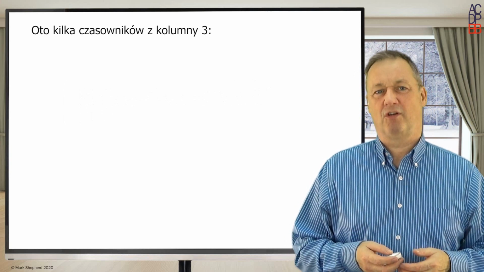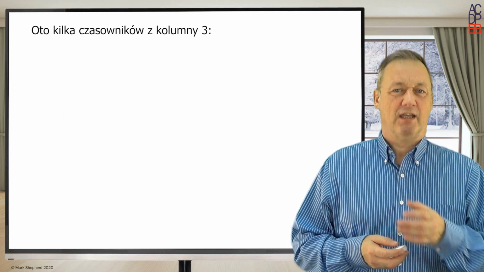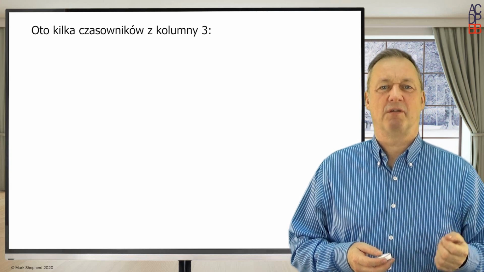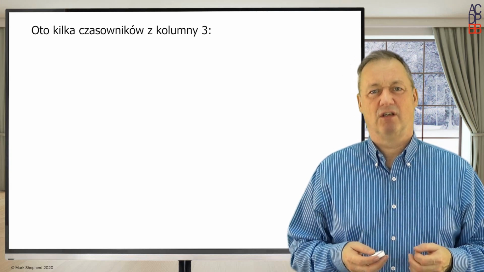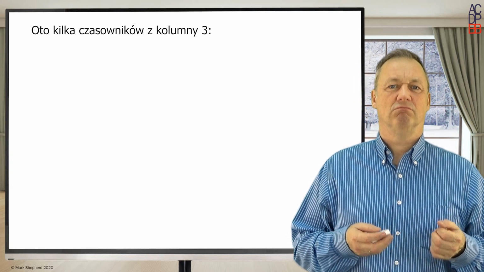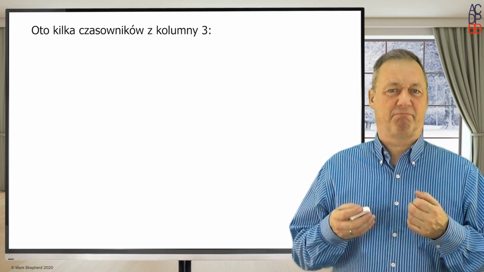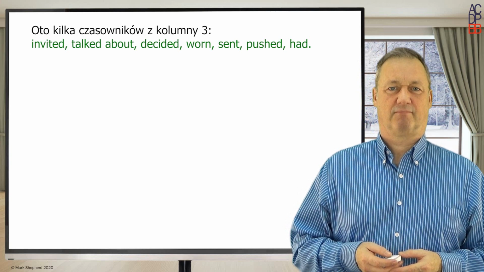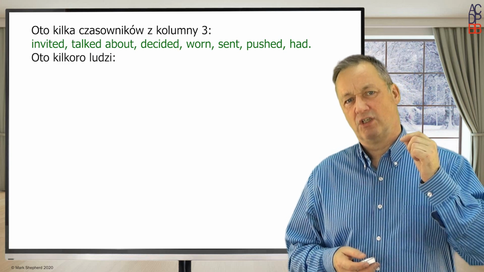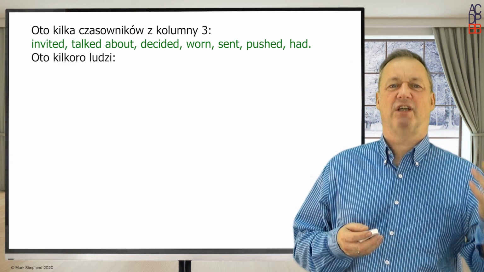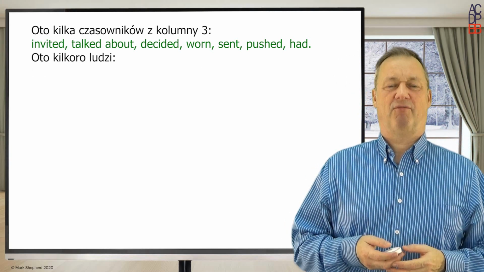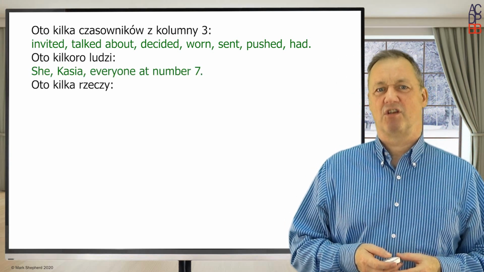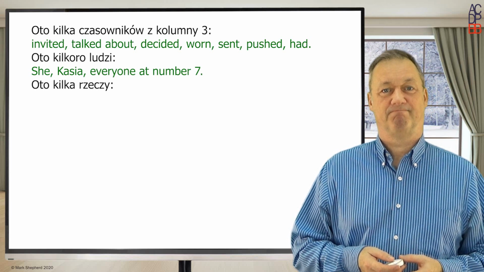So here are some verbs in column 3 form. Invited, talked about, decided, worn, sent, pushed, and had. Here are some people. She, Kasha, everyone at number 7. And there's some things.